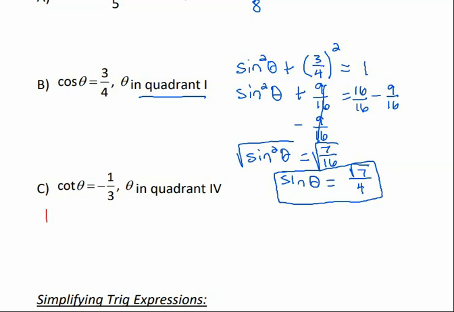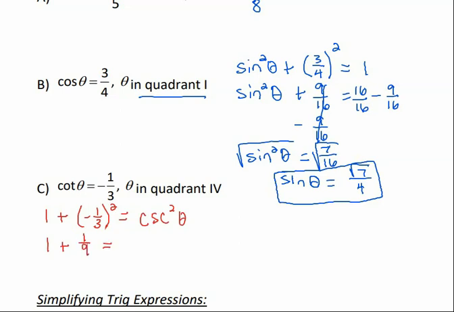So 1 plus cotangent squared theta, which is negative 1/3 squared, is equal to cosecant squared theta. Then we just solve this. When I square negative 1/3, it becomes a positive 1/9.